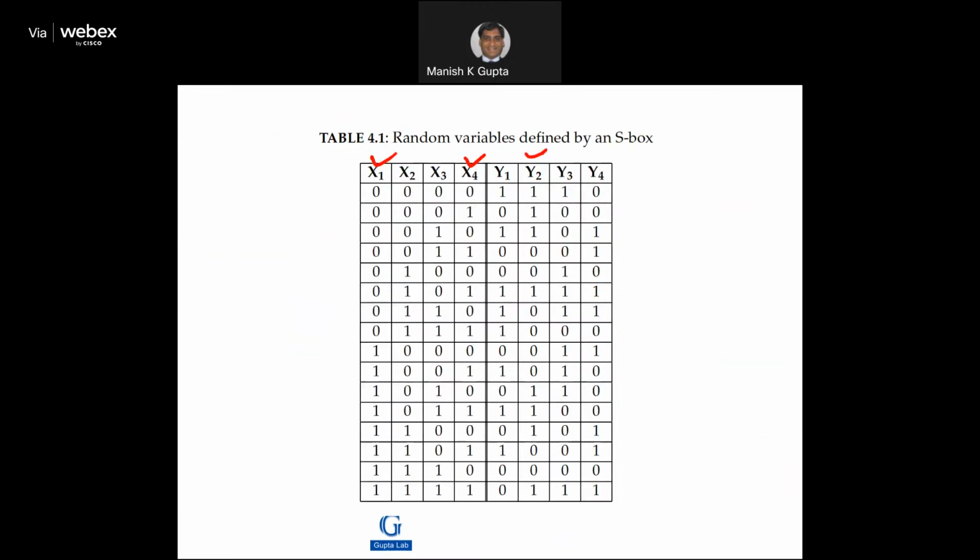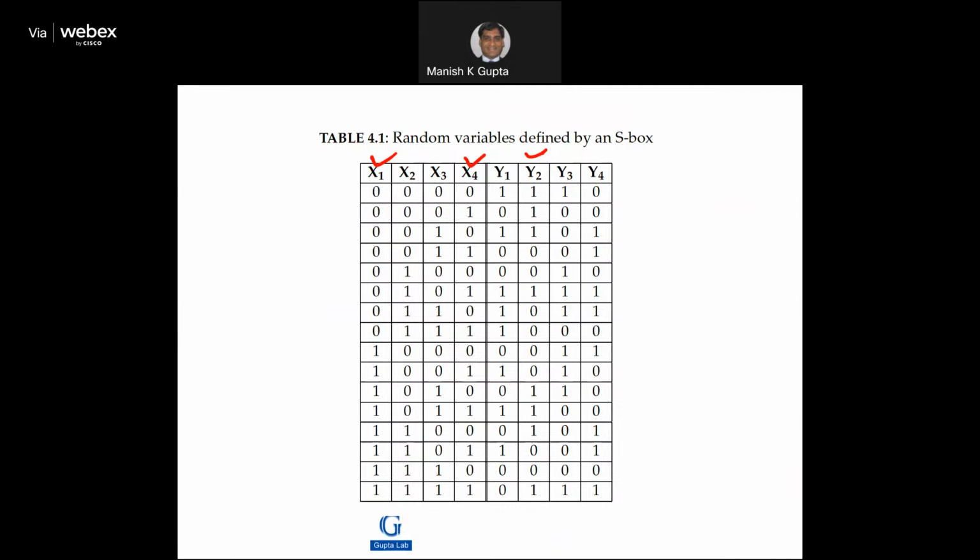You can count 1, 2, 3, ... 16 vectors, all 16 possibilities. So we have x1, x2, x3, x4 as input and y1, y2, y3, y4 as output. These are the random variables defined by the S-box. All possibilities I have written.